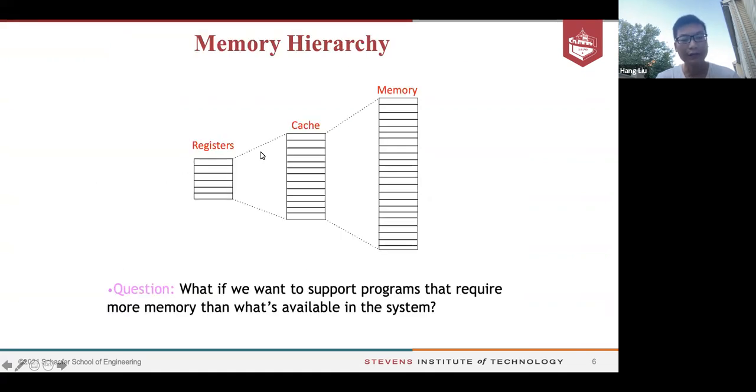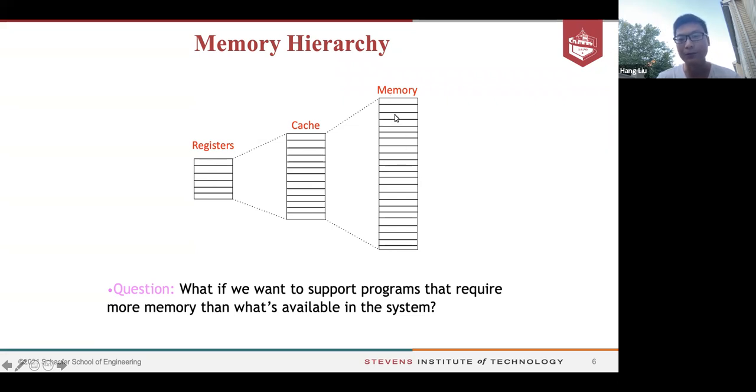Here is the pyramid of the memory hierarchy. We have small and fast registers, a slightly larger and slightly slower cache, and very large, very slow memory. What if we want to support a program that requires more memory than physically available?